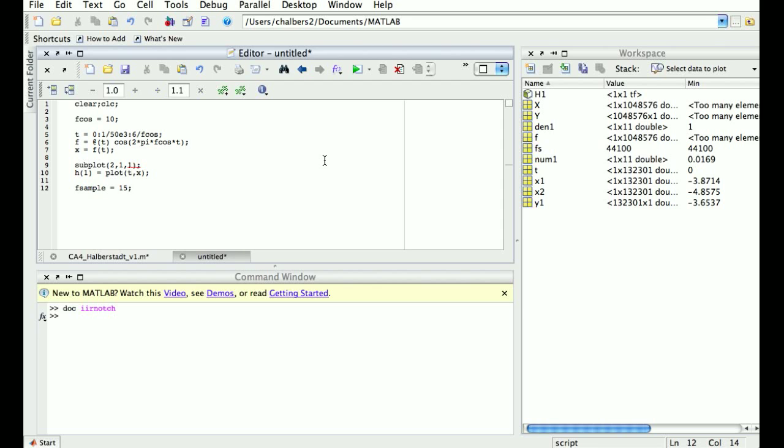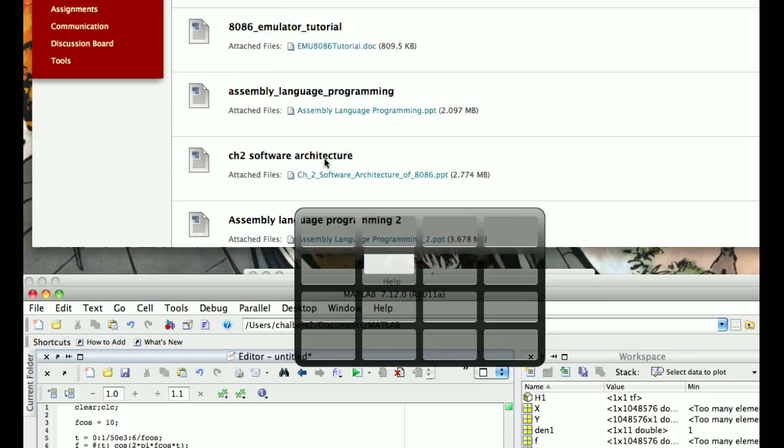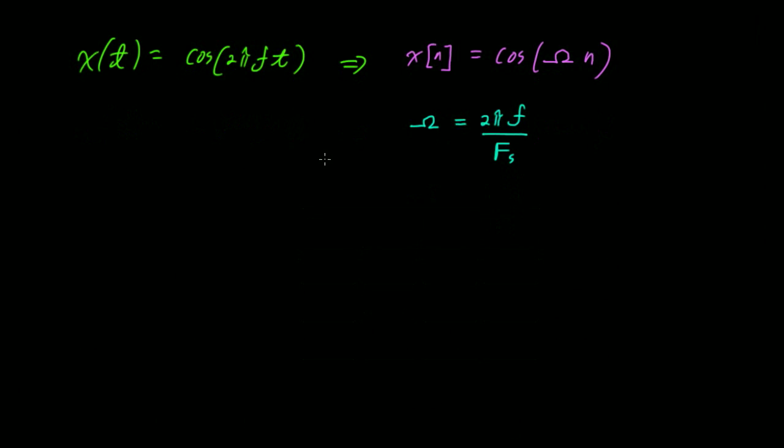N times delta t. N times, okay, so n over the sampling frequency gives me, wait, is this right? Let me think here. The amount of time between samples is equal to, yeah, n times delta t. Right. So we were doing right. Divide by fs.